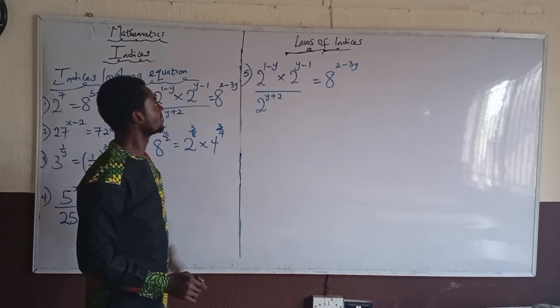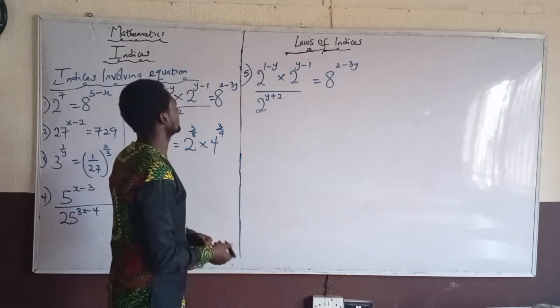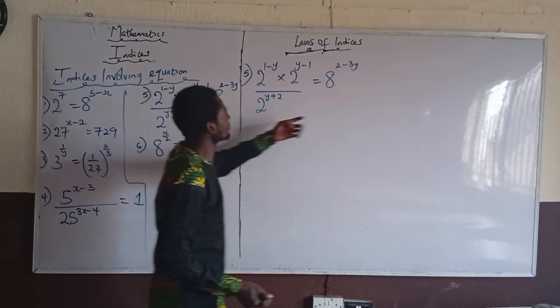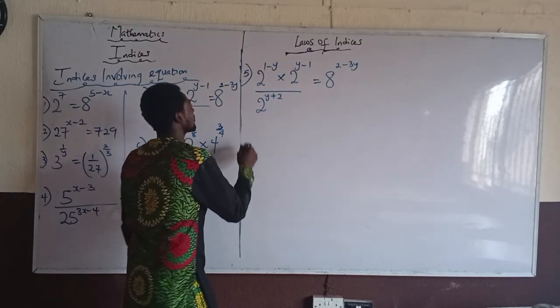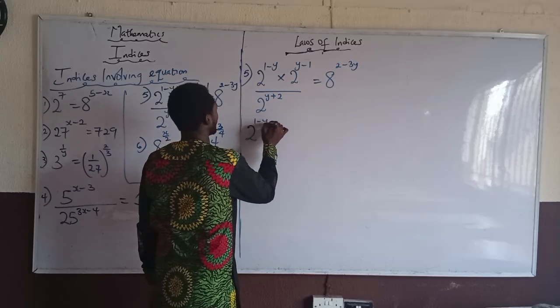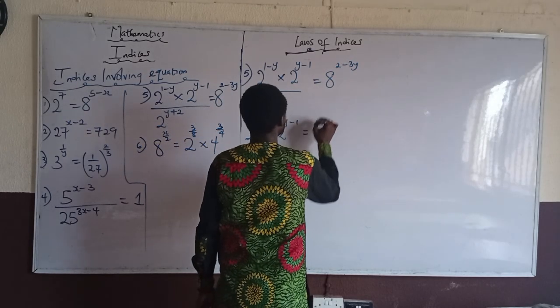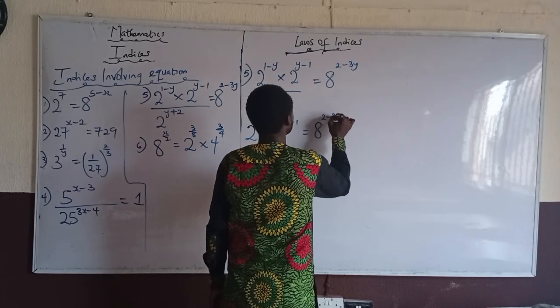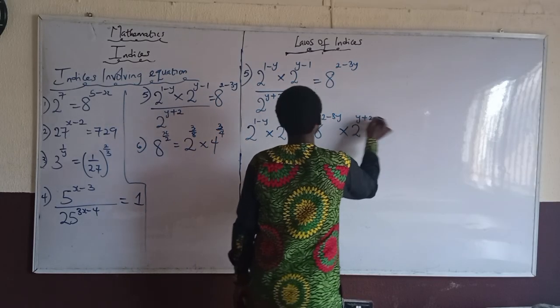So here, okay, let us cross multiply. In this case, I can cross multiply, I can solve this first, then equals to this. So here becomes 2 raised to power 1 minus y times 2 raised to power y minus 1 equals 8 raised to power 2 minus 3y times 2 raised to power y plus 2.